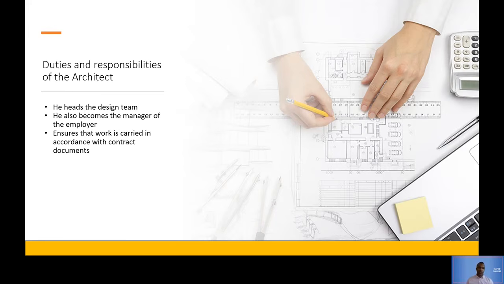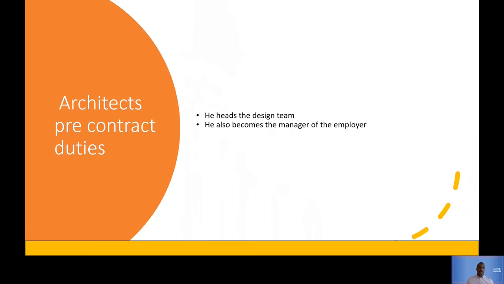Now let's talk a little bit more about the architect, because he is the most important person when it comes to all of this building. So number one, the architect's duties pre-contract, that is before construction is done, are obviously to design the building and head up the design team as well.